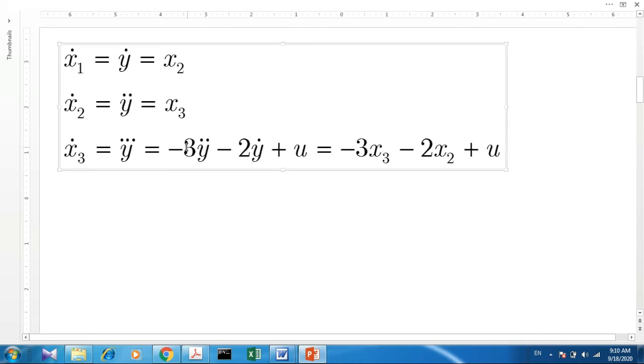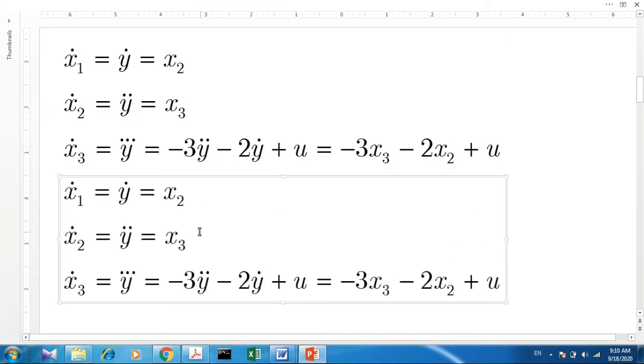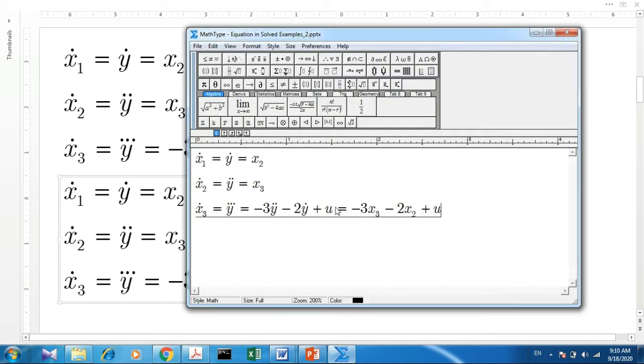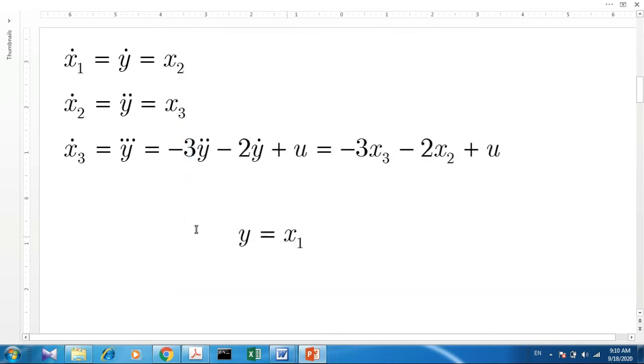This equation is considered the state equation. The output equation can be found as follows: y equals x1. In this step we obtain the state equation and the output equation.